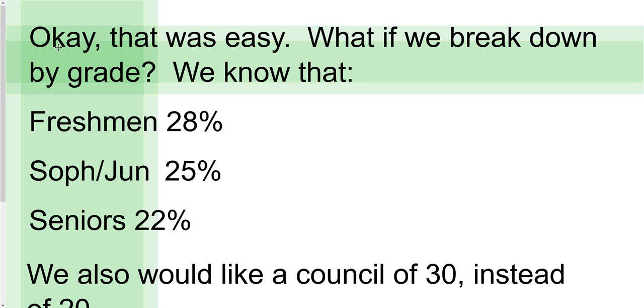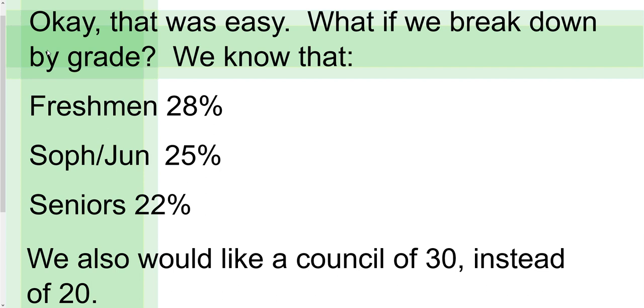Let's say instead we go by class: freshmen, sophomores, juniors, seniors. And we would also like a council of 30 instead of a council of 20. Well, now we have some percentages that aren't quite exact. So when I apply this, I would have to do 0.28 times 30, which turns out is 8.4.